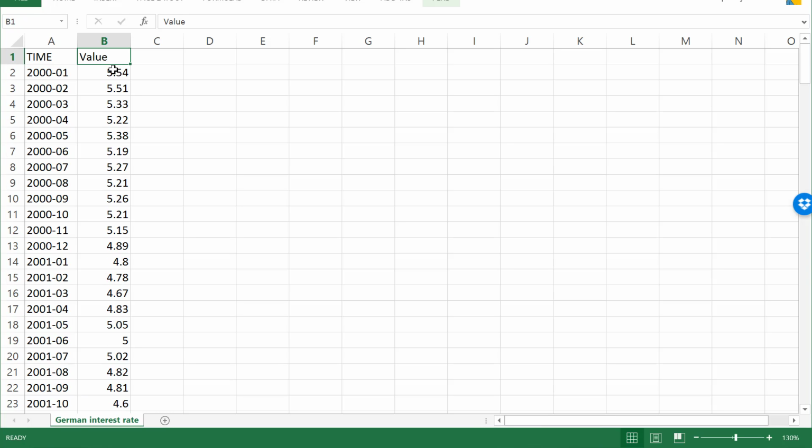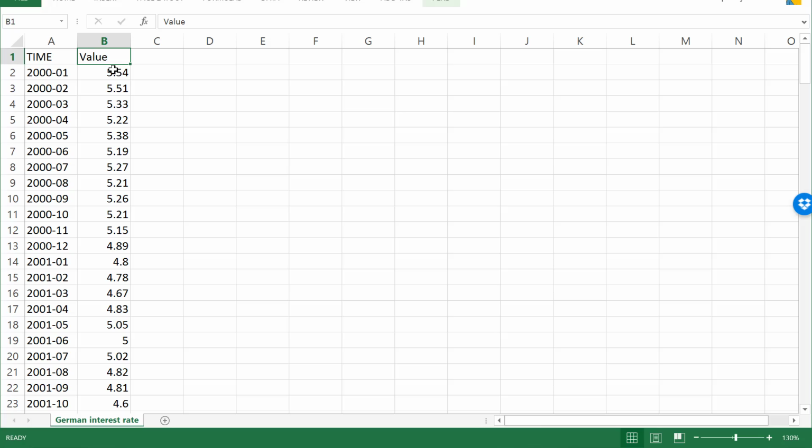So what's special about time series data compared to cross-sectional data is that there is a natural ordering of the observations. And the ordering is, of course, time. When we have cross-sectional data, there is no specific ordering.